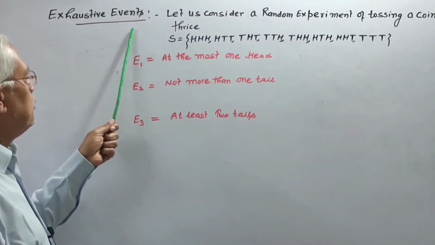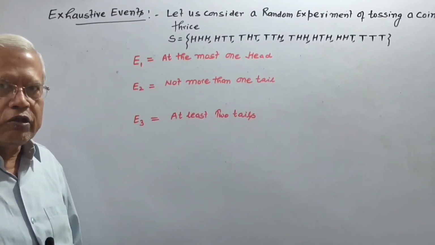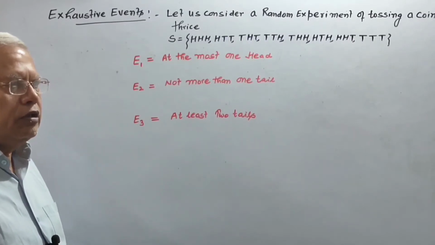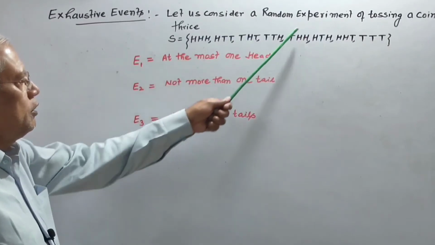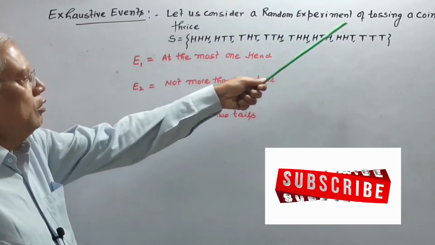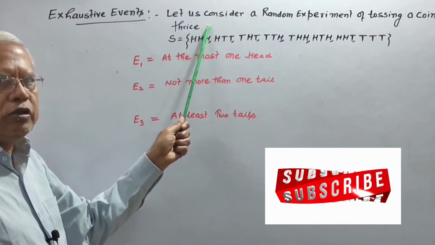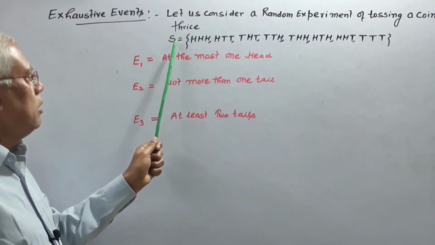Next is exhaustive events. We will try to understand the concept of exhaustive events by taking an example of a random experiment of tossing a coin thrice, or 3 coins tossed simultaneously.